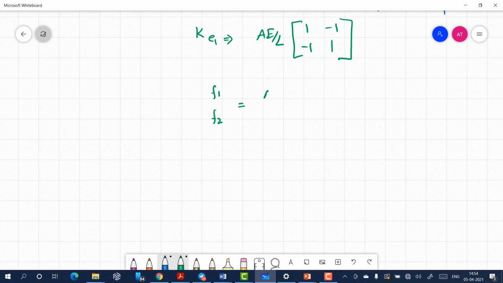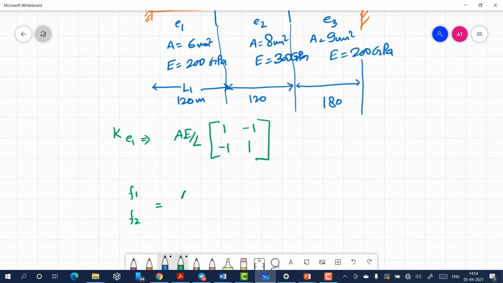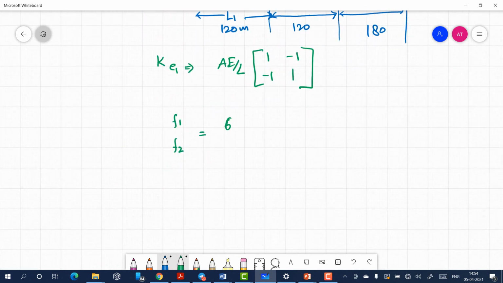So what is A here? A is 6 millimeters squared, E is 200 gigapascal, which is 200,000 megapascal, or 200,000 newtons per millimeter squared, and then we have a length of 120 millimeters.